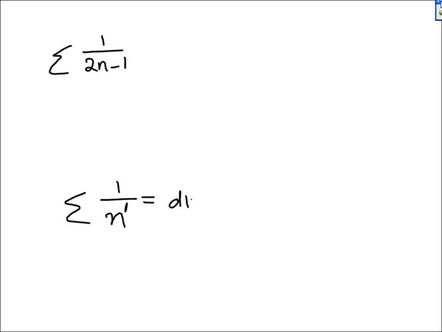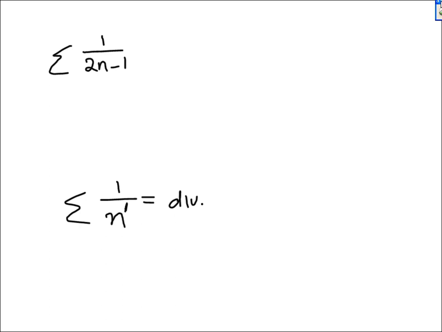Does this diverge or converge? What if you have the summation of 1 over 2 to the n minus 1? Now, we know that the summation of 1 over n to the p, if p is 1, it diverges.